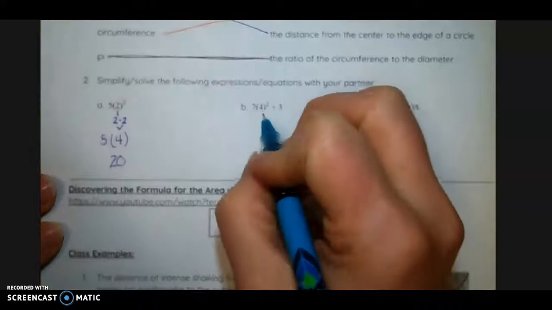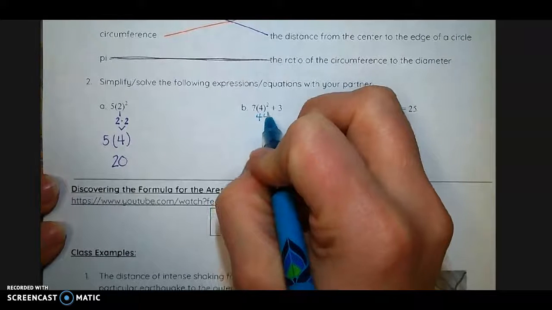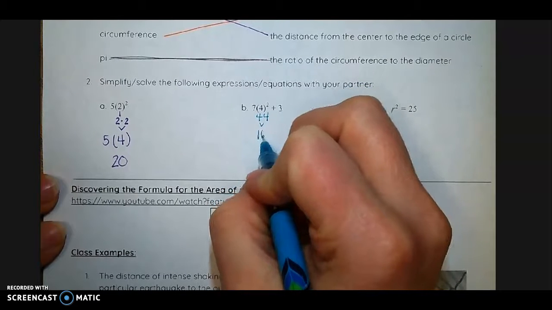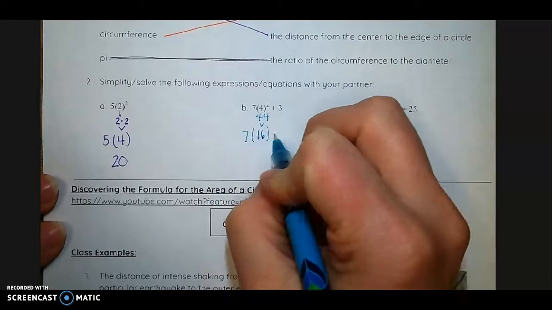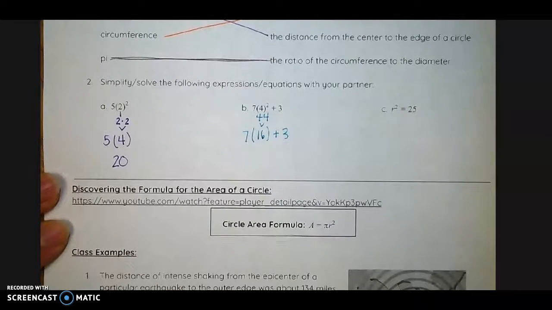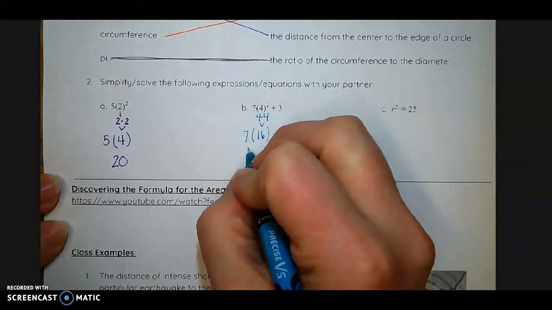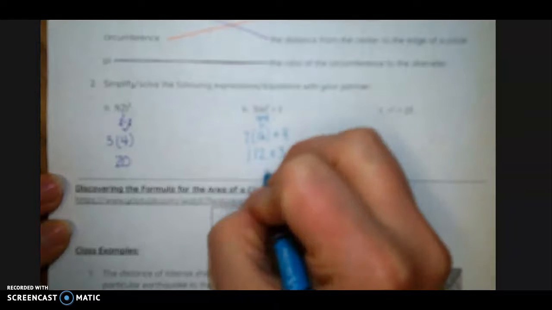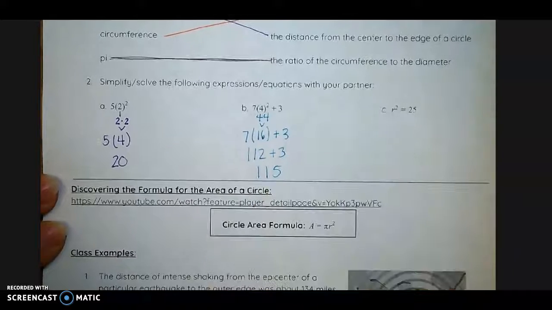Over here I have the same thing, so this is going to be 4 times 4, which gives me 16. I'm still going to multiply that times 7 and add 3. And of course, I just closed my calculator, so 7 times 16 is 112. Plus 3 gives me 115.